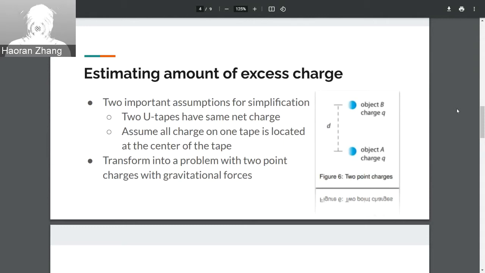The second one is that we assume all charge on one tape is located at the center of the tape. We make this assumption because, as we all know, the tape is a flat surface and it's not just a single point. In reality, we should expect the charge to be spread over the entire surface instead of centered at one point.